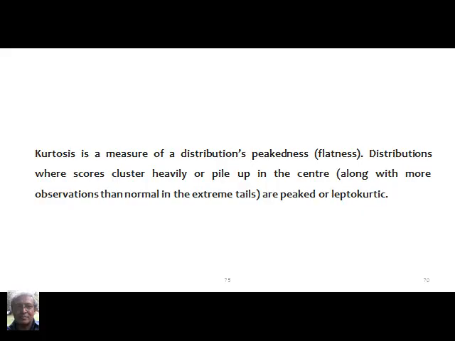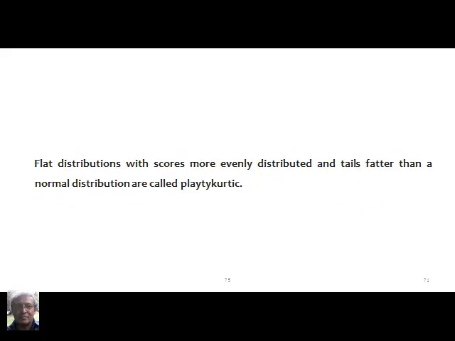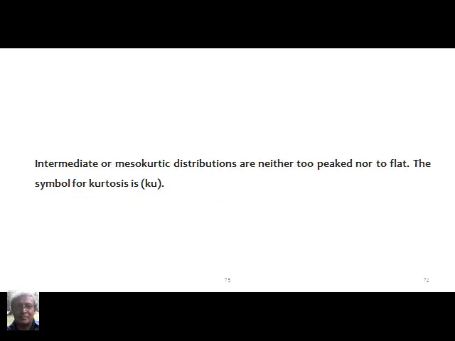Distributions where scores cluster heavily or pile up in the center, along with more observations than normal in the extreme tails, are leptokurtic. Flat distributions with scores more evenly distributed and tails fatter than a normal distribution are called platykurtic. Intermediate mesokurtic distributions are neither too peaked nor too flat. The symbol for kurtosis is K.